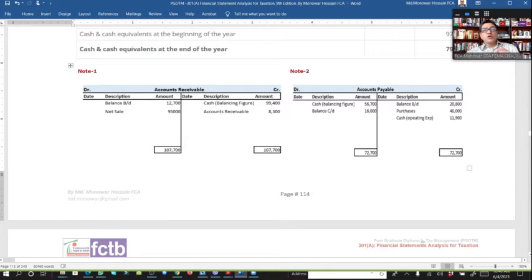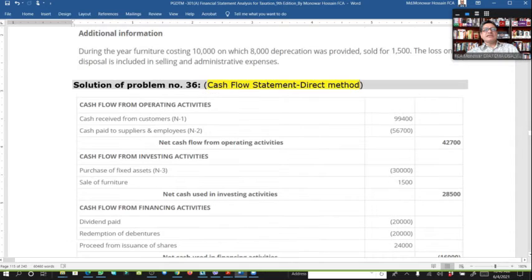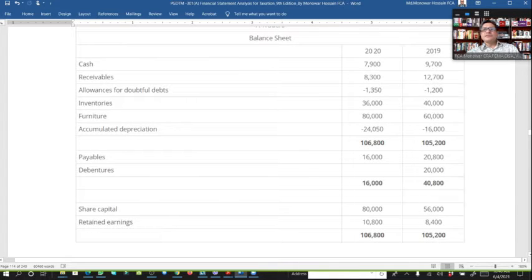Here are two notes. One is accounts receivable. The balance brought down comes from the previous balance, 12,700, from the balance sheet. Receivable was 12,700 in the year 2019, and 8,300 in the closing year.